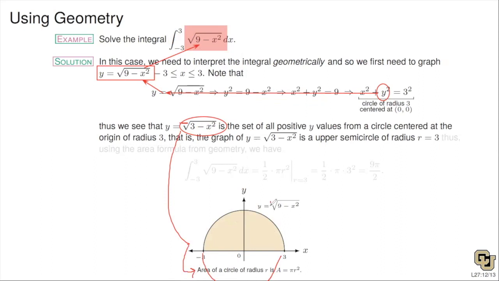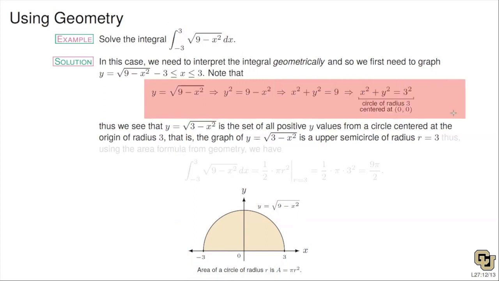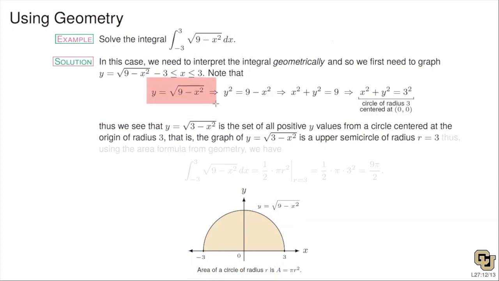But because this is a positive root and we showed these y values are coming from a circle, we conclude the graph here is a semicircle, the upper half of a circle from minus 3 to 3. This is not easy or obvious. If you haven't seen this before, this is something to look at and think about. And then at the end of the day, it doesn't hurt to just memorize that the graph of the square root of a number minus x squared is the upper half of a circle. It'll come up in Calc 2 also, or learning this procedure.